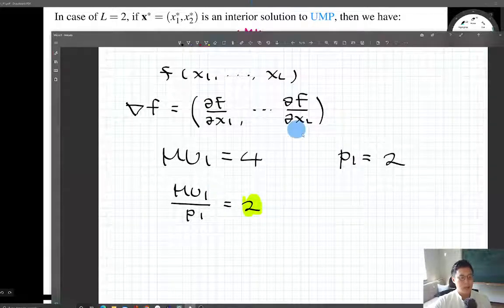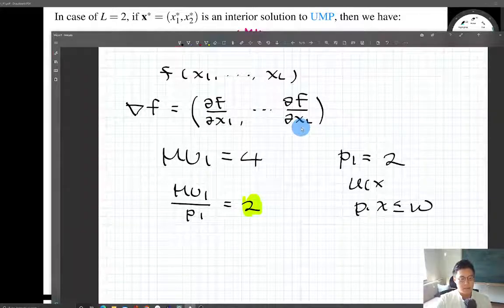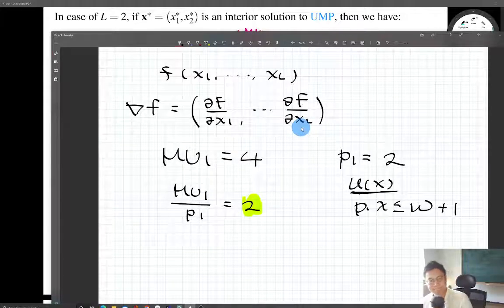The original budget constraint was this, and he wants to maximize his utility. Suppose that he has an additional $1. Then the utility he can obtain is going to increase, and that increment of utility is measured by the Lagrange multiplier.